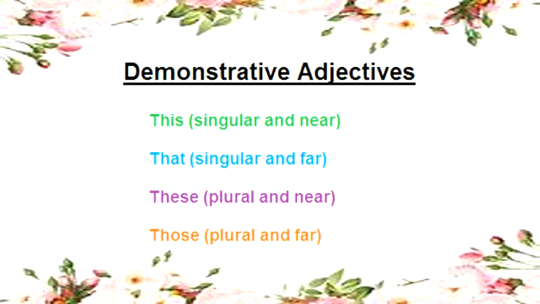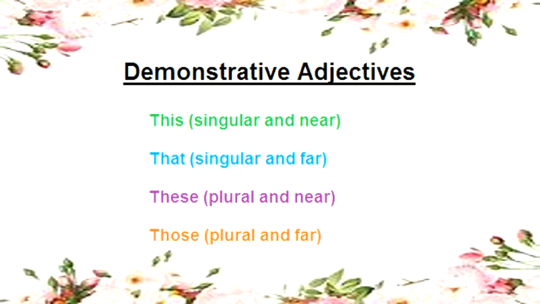Now let us see what is the difference between this or that, these or those. Dear children, the word this is used as a demonstrative adjective to point out the people or objects that are singular and near. When you want to point out at a singular object, but it is far, then the word that is used as demonstrative adjective.